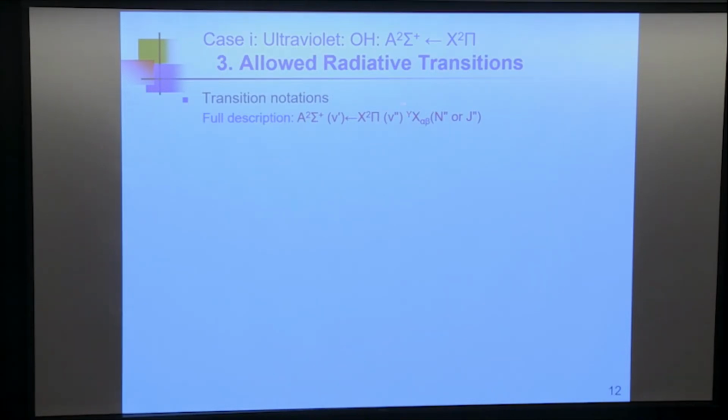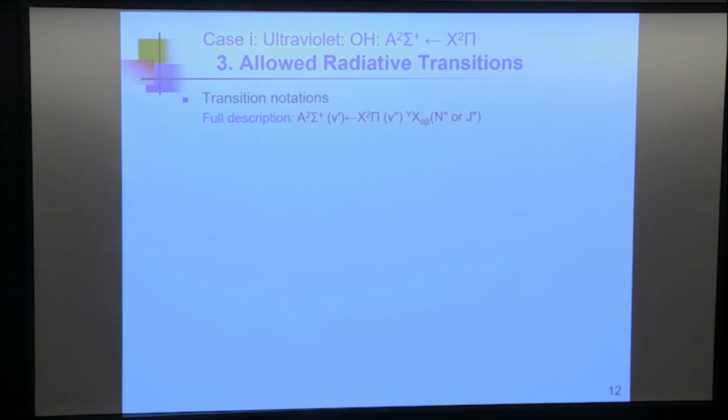There's a superscript, primary symbol, double superscript, and then inside of brackets will be n or j. Remember, j is n plus a half, or n minus a half. So if you see a number in here, it must be n. If you see a half integer, it's j.